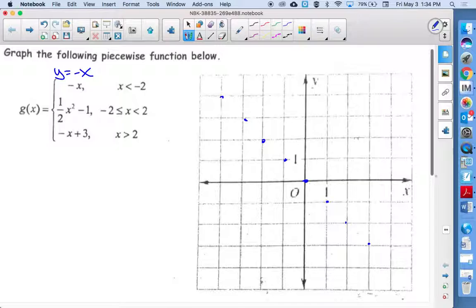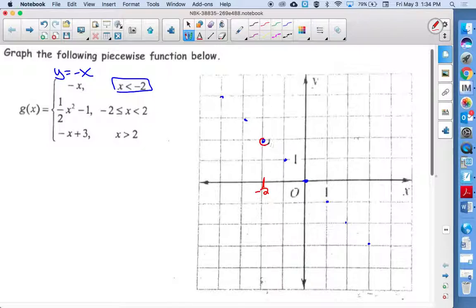Because after you have those dots, you're going to look at the restriction. So this condition for the piece of the graph says x is supposed to be less than negative 2. So I go to where x is negative 2, right here, on the graph that I just created. Virginia, less than means what goes on at negative 2?